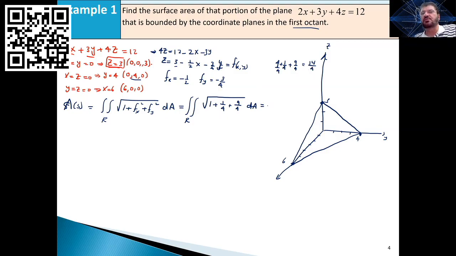So this is equal to the square root of 14 over 4 goes out, and I have the double integration of dA over R.